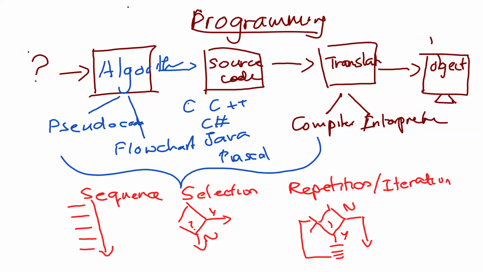Iteration. And here you can remember that we also discussed the selection part. Here we use this concept: if, then, do this, else, do this, end if. And what about repetition? In repetition, you can say there are three things we have to discuss.